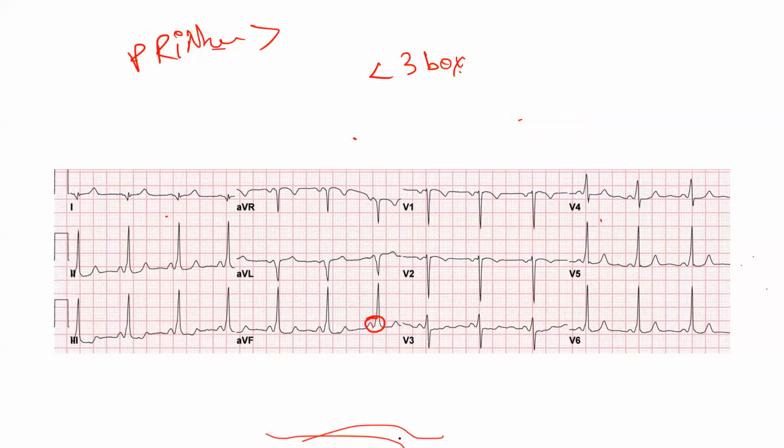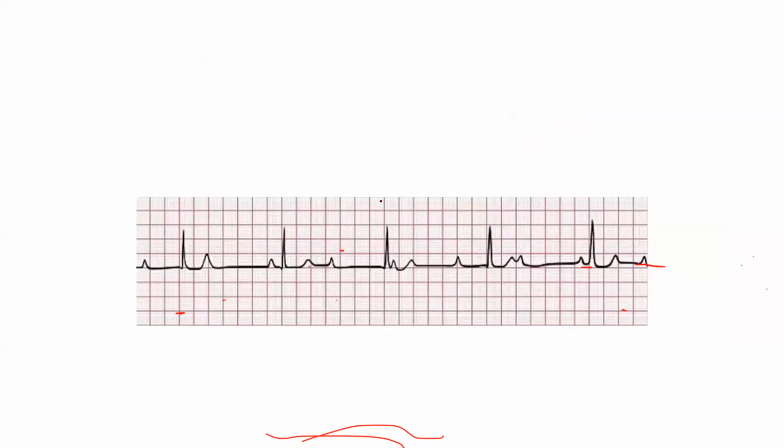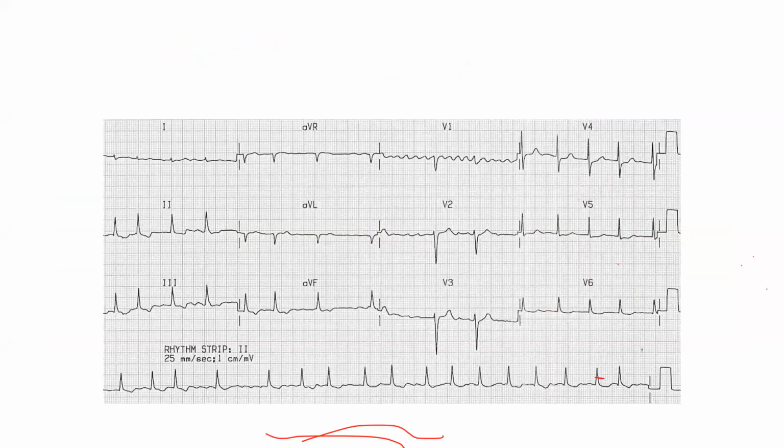Sir, what is J point? So the J point is basically at this point. Let me take a normal ECG. This is where the QRS ends and the ST segment starts. That is the J point or the isoelectric point. J point is significant in certain patients, like identifying whether the patient has downsloping ST elevation or upsloping ST elevation, each with different reasons, and to identify the Osborne waves or J waves in hypothermia.